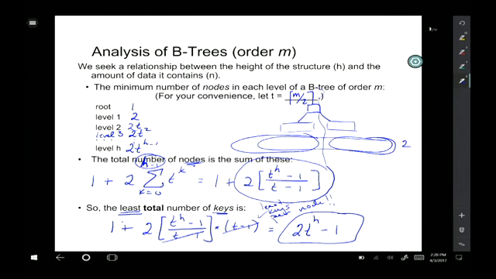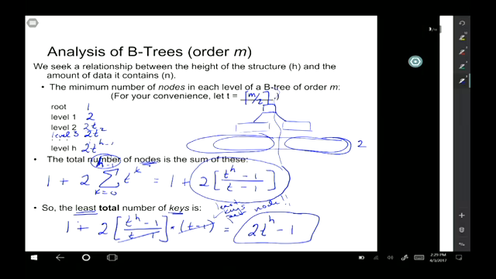If I tell you to build a B tree of height h, I know that if it's a valid B tree, it will have at least this many keys in it. I tell you to build one of height h, it will have at least this many keys, maybe more. That's what it means for it to be a lower bound on the number of keys.